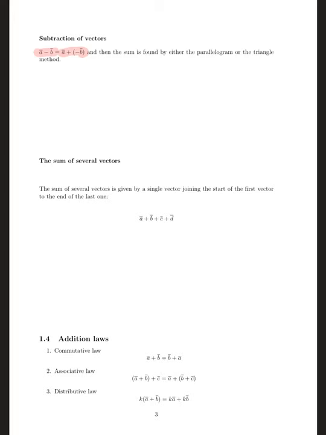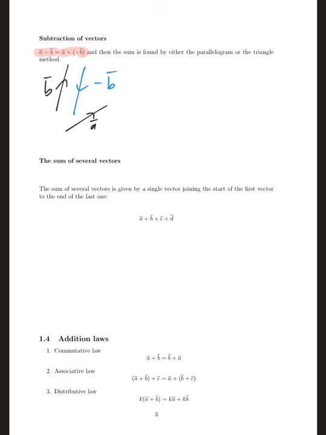So if we pick two vectors, let's say A looks like this, and let's say B looks like this, we'll add them up first with the triangle rule. But first I'm going to need to know what minus B looks like. And in fact, it's just the exact same magnitude and the exact opposite direction.